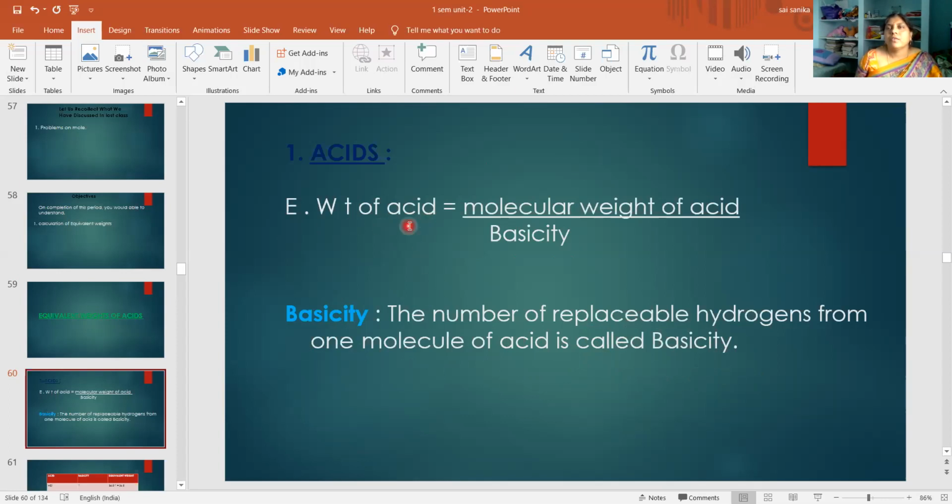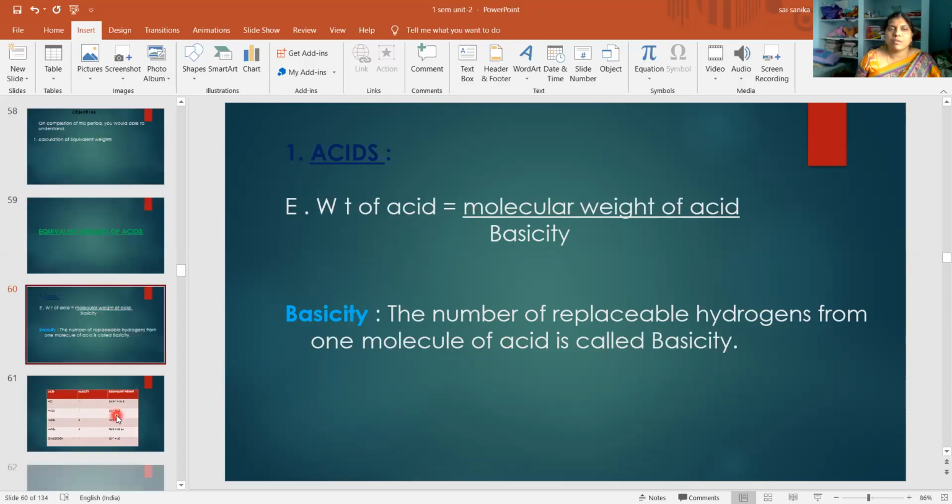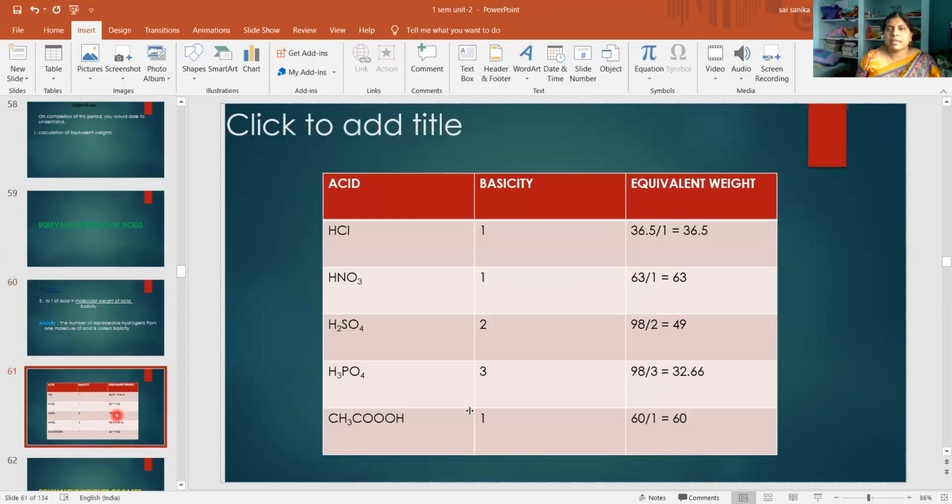So the equivalent weight of an acid is calculated by the formula molecular weight of acid divided by its basicity. If you know the molecular weight and basicity, you can calculate the equivalent weights easily. Here one table is given: acid, basicity, equivalent weight.